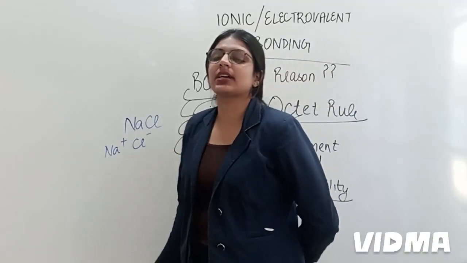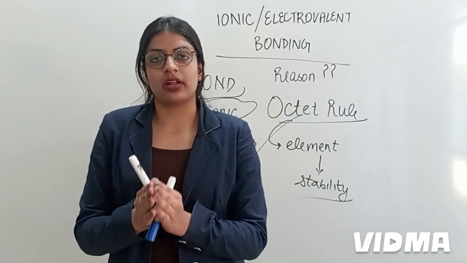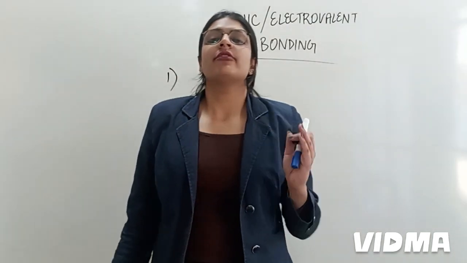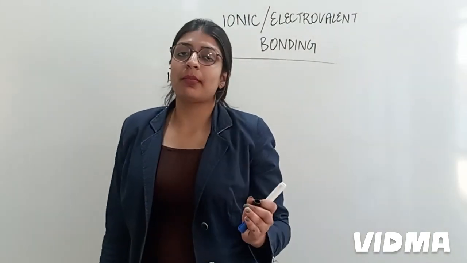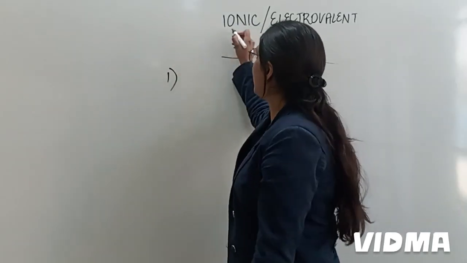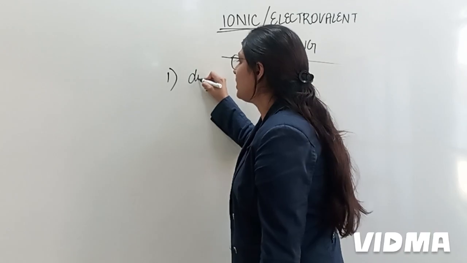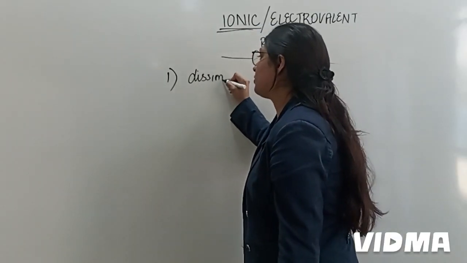Now we are going to discuss ionic bonding. The first thing to keep in mind is that this kind of bonding is formed between dissimilar atoms.